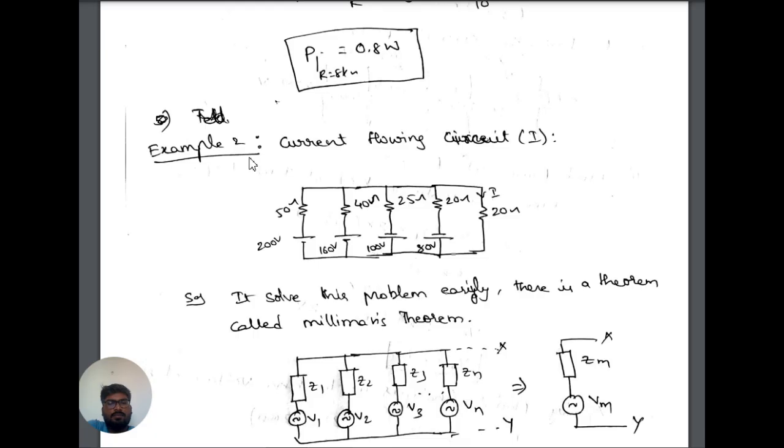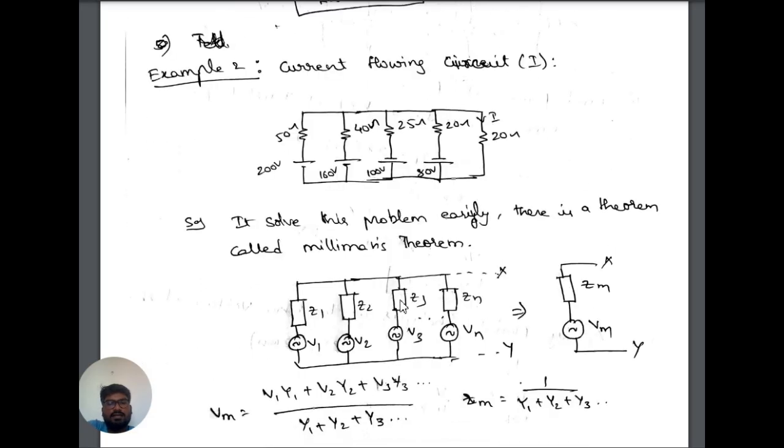Now another example. To solve this circuit we will use Millman's theorem. This states that if there are n voltage sources in series with impedances, they can be rewritten as a single voltage source in series with an impedance.